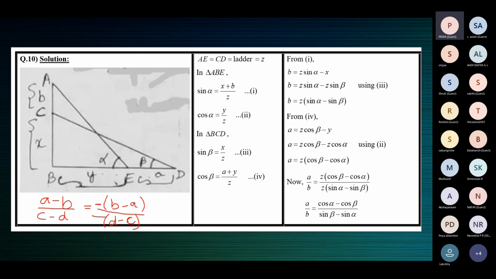Is A minus B and minus of B minus A the same? Yes, ma'am.